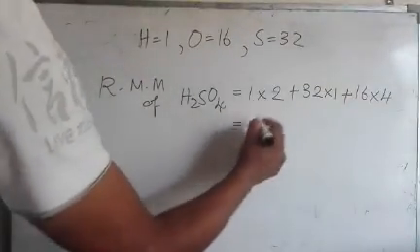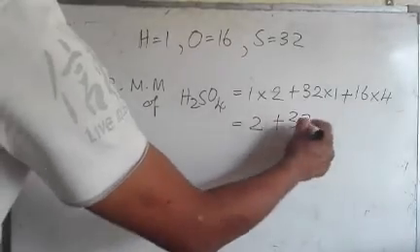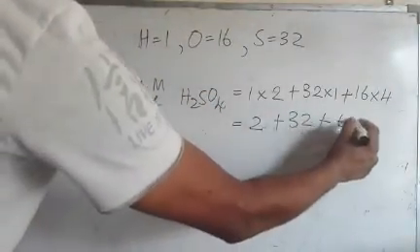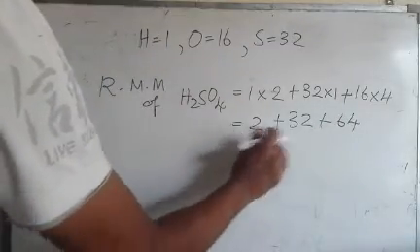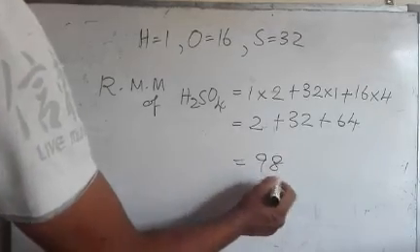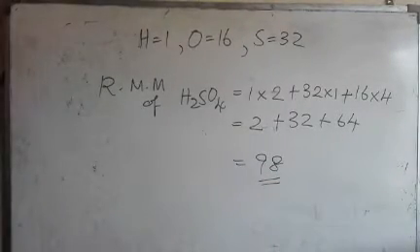So we get 1 into 2 plus 32, plus 16 into 4, which is 64. Adding them up, the answer is 98. The relative molecular mass of sulfuric acid is 98.